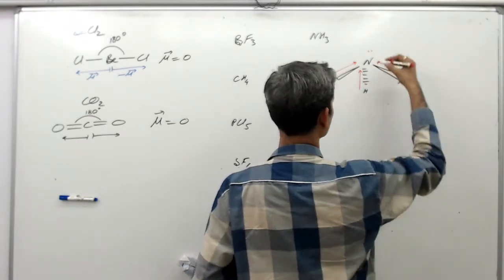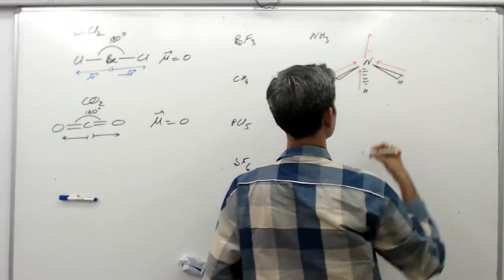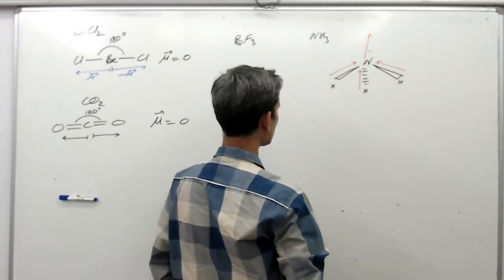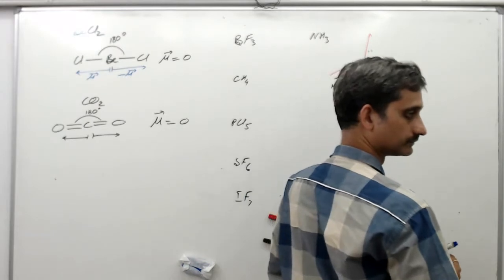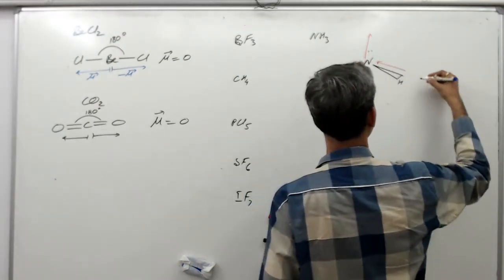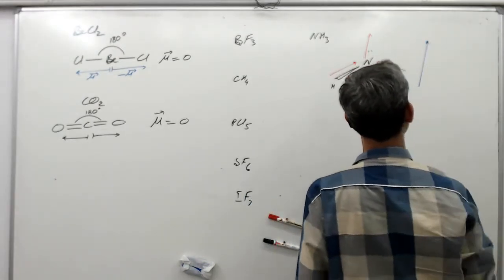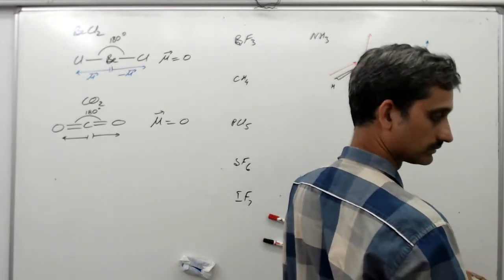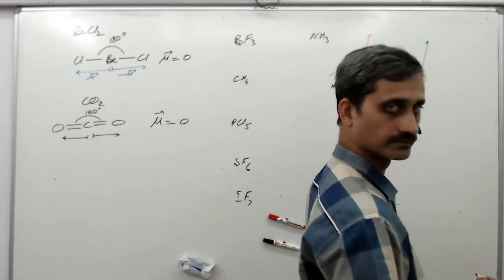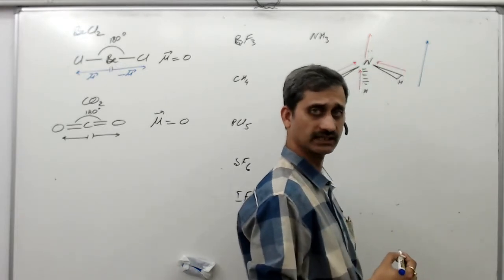And importantly, there would be a fourth one in this direction, that is from nitrogen nucleus to the nitrogen lone pair. Now these dipole moments are going to add up and it's going to make ammonia a highly polar molecule.